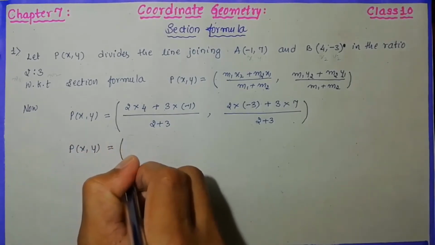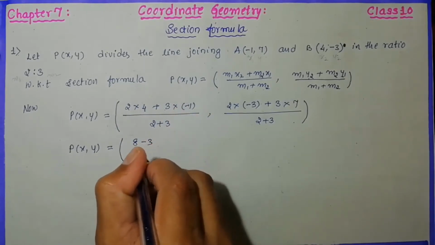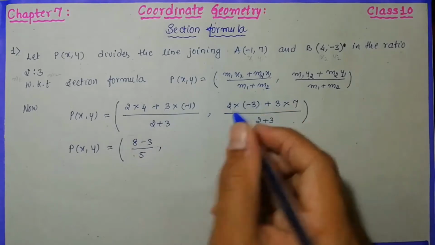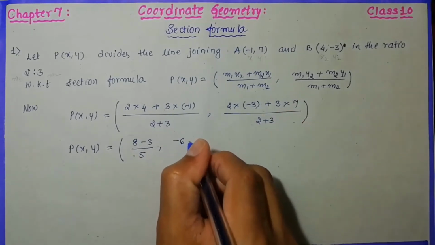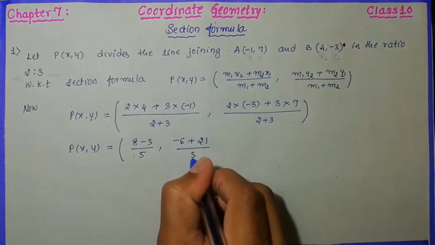Now look here: 4 into 2 becomes 8, and 3 into -1 becomes -3, divided by 3 plus 2, which is 5. Then 2 into -3 becomes -6, plus 7 times 3, which is 21, divided by 3 plus 2, which is 5.